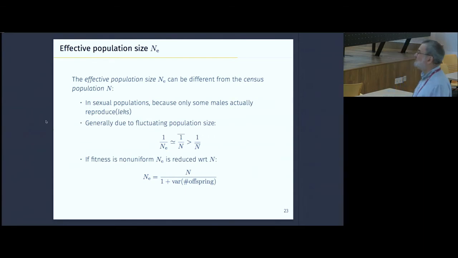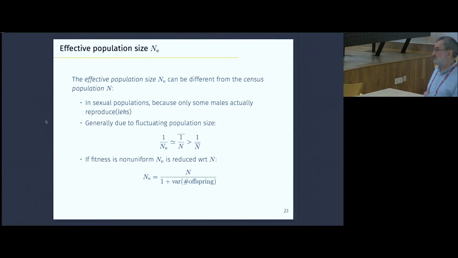So say for humans, the census population size is a few billions, and the effective population size when you play this game is of the order of a few 10,000. So there are orders of magnitude of difference. And of course, this is telling us something. I will just point out a few effects that go into that.